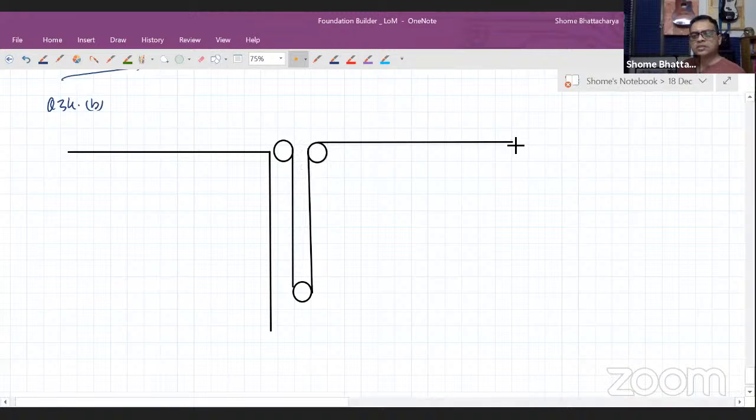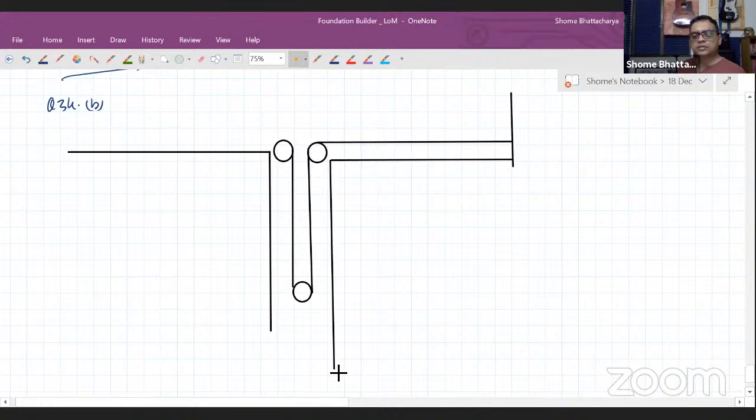You see, this is attached to a fixed ceiling. That's why it's not going to make much of a difference, because this thread length from here to here is a fixed thread length, no? From this pulley to this ceiling, I mean this wall, this is fixed.